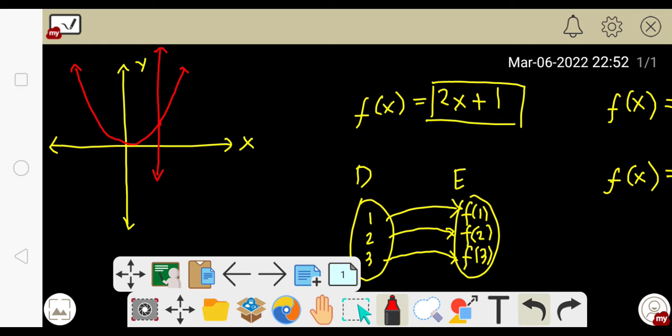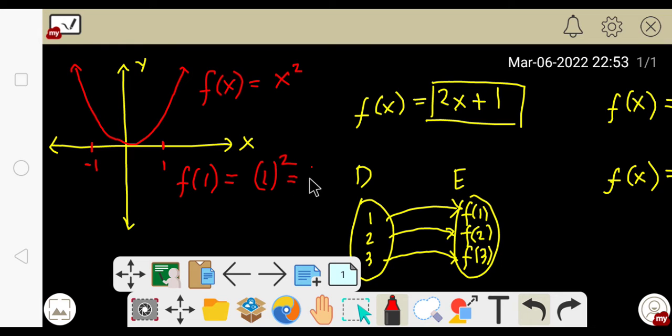So now, this is just f of x equal to, let's say, x squared. So if we have 1 right here, and negative 1 right here, if our x is 1, then x squared is equal to 1.